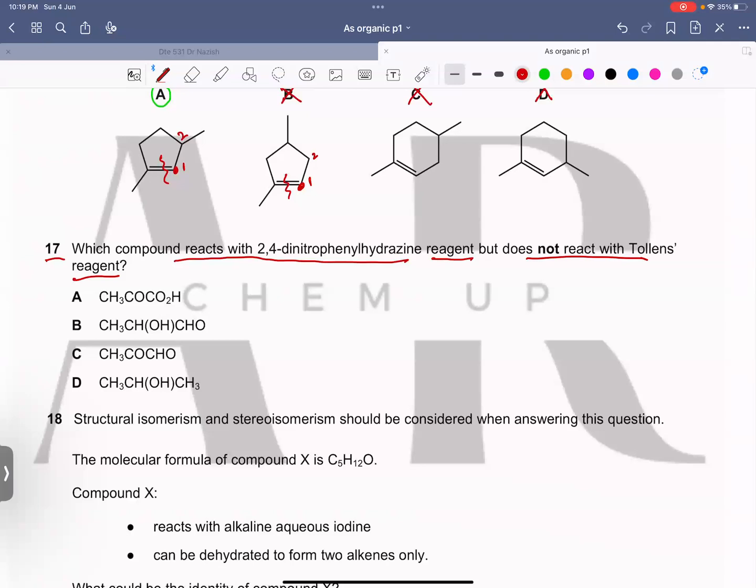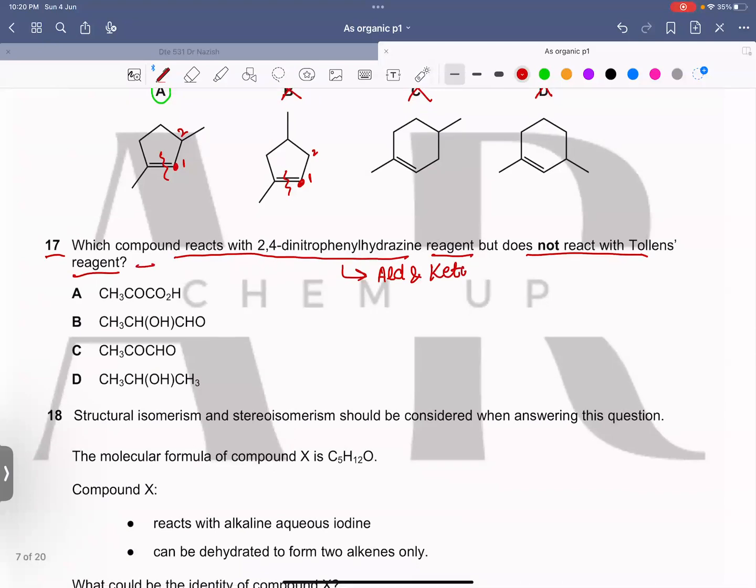If you recall, with 2,4-dinitrophenylhydrazine, aldehyde and ketone both can react, but with Tollens reagent, only aldehyde would react and ketone would not react.